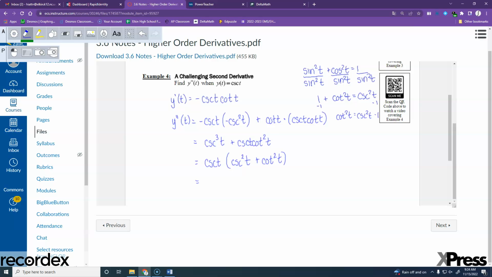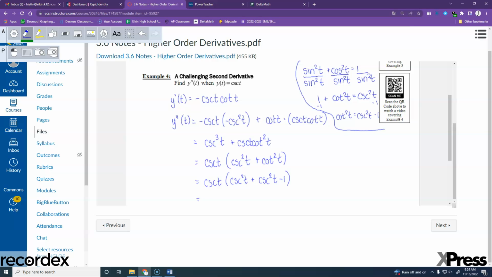So I could use that because I know that sine squared t plus cosine squared t is 1, and I have just rearranged that formula. This is still the Pythagorean identity. It is true. So if I have a cotangent squared t, I can replace it with cosecant squared t minus 1. So I would have cosecant t times cosecant squared t plus cosecant squared t minus 1.